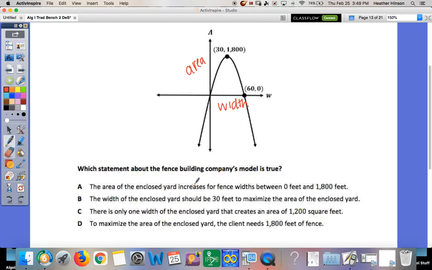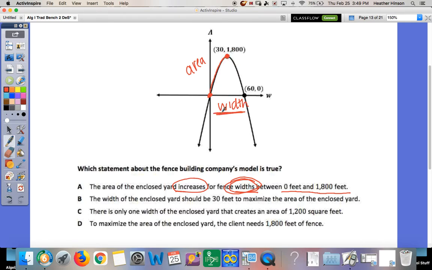The area of the enclosed yard increases for fence widths between 0 and 1800. So we're looking at widths between 0 and 1800. So starting on our width is 0. Does it increase until it gets to 1800? So it increases on width. Again, we're on width. So it increases until it hits this. What's our width at the top of that?